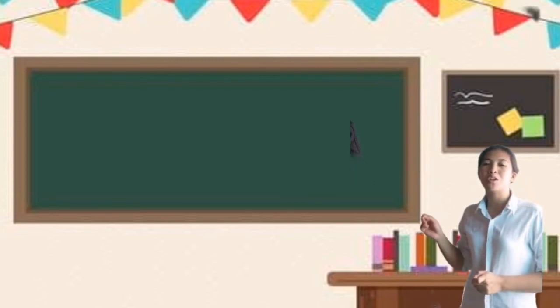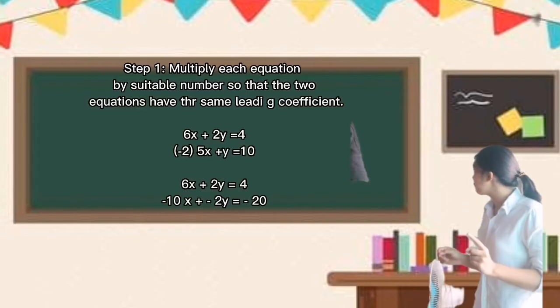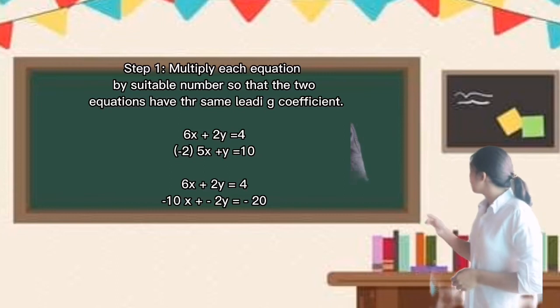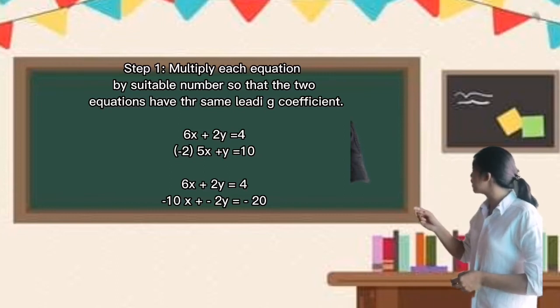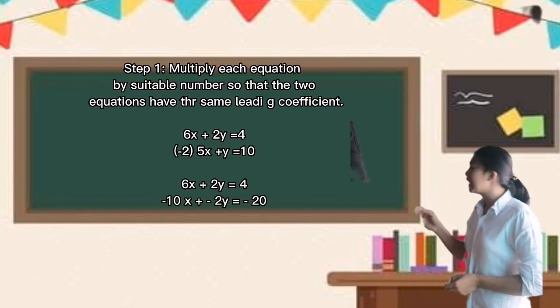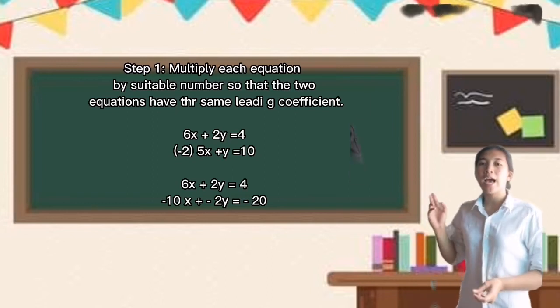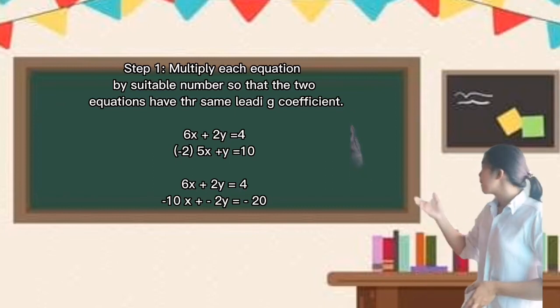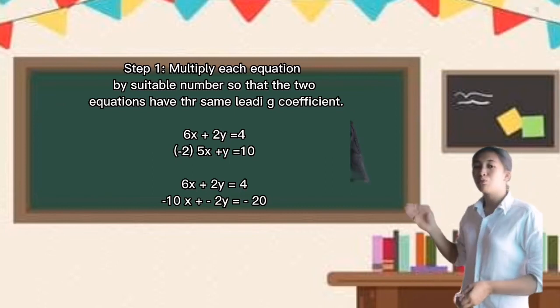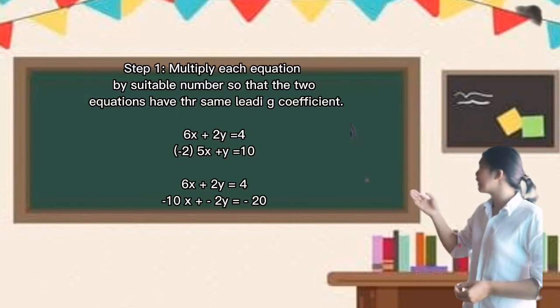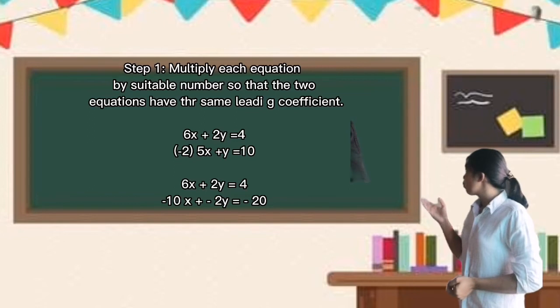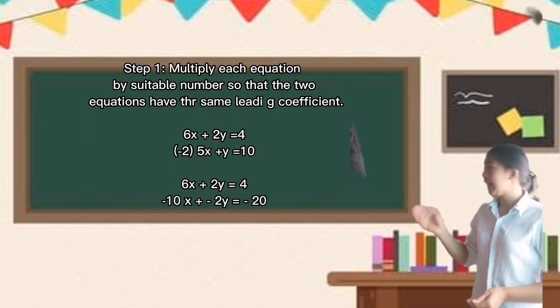Using the elimination method, the first step is to multiply each equation by a suitable number so that the two equations have the same leading coefficient. So we have here the two equations, negative 6x plus 2y is equal to 4, and negative 2 times the quantity 5x plus y is equal to 10.